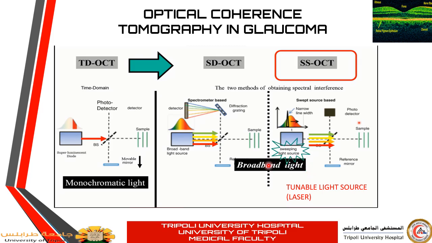However, in the swept source, from the beginning, the light is already split into different wavelengths from a special source called a tunable light source, that's a laser, and all passes through the same stages as spectral domain, that's a reference arm and the sample arm, and the reflected rays will interfere and undergo constructive interference and be picked up by the Fourier spectral detector. And then all the reflected rays will be displayed, so that each layer of the retina will be displayed based on the spectral sensor.